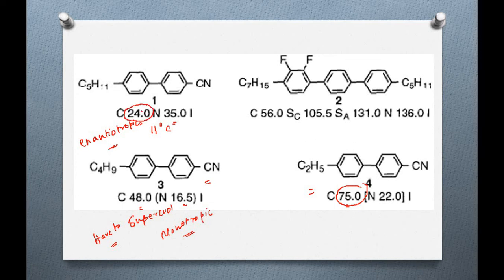This is how the notation is written. So the crystal becomes liquid at a relatively high temperature of 75 degrees centigrade, and it does not supercool sufficiently to allow the nematic phase to be generated because this temperature is quite high.